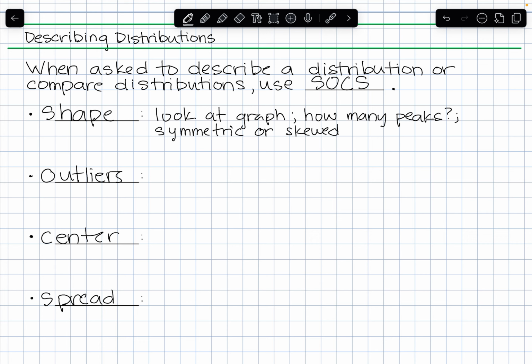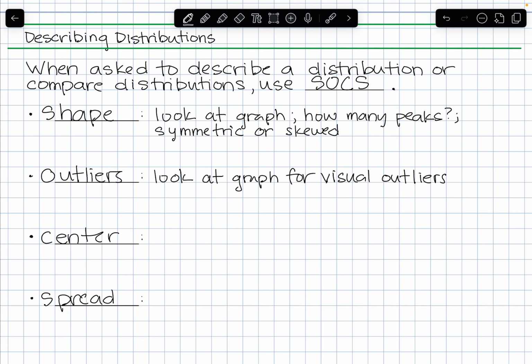The next step is outliers, and generally at this stage, you're going to look at your graph for visual outliers. At this stage, it's enough to notice that we might potentially have outliers.